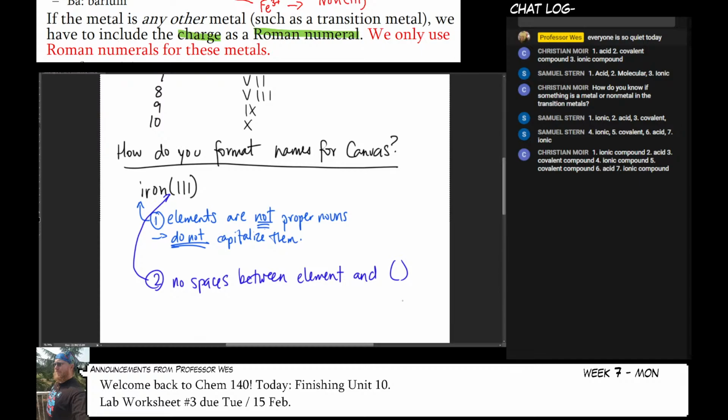The only space that you should add should be between element names themselves. So, for example, if I was naming iron(III) chloride, you'd have a space between your first name and the next name. But within the name itself, do not put a space between the iron and the parenthesis for the Roman numerals.